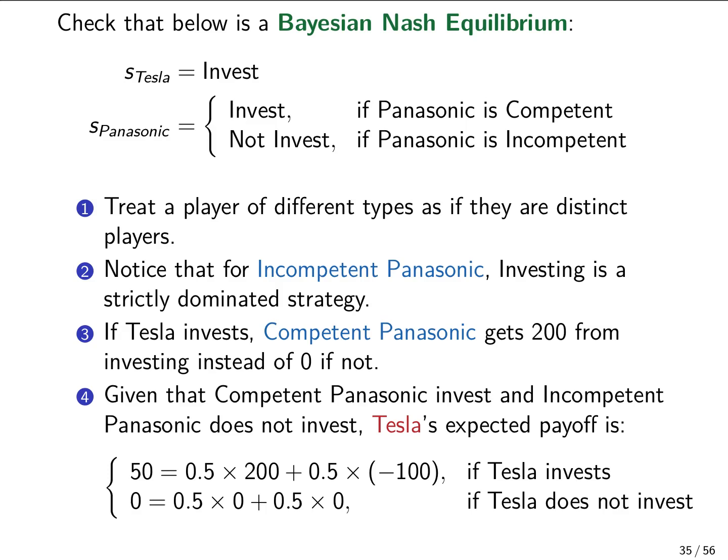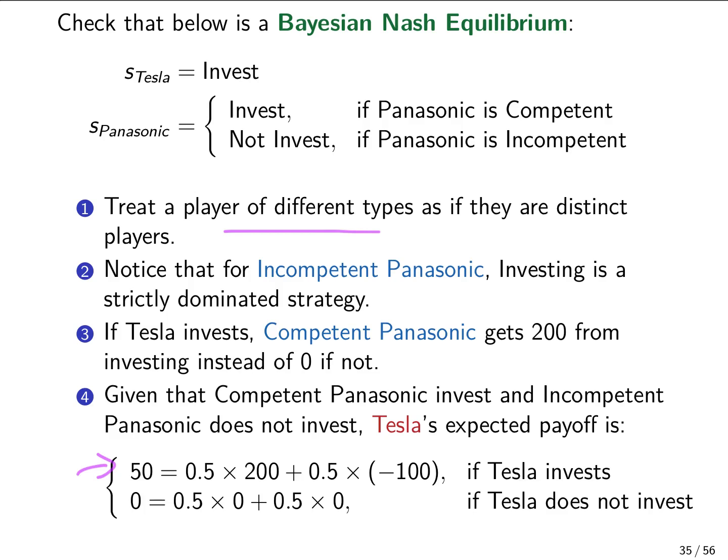would treat a player of different types as if they are just different players. Okay, and we know, given Panasonic's strategy, what would be Tesla's expected payoff if it chooses to invest? That would be 50, right?